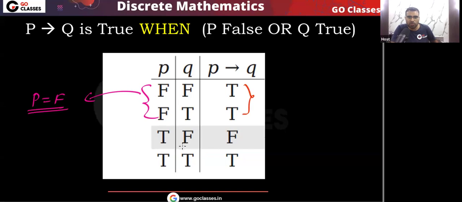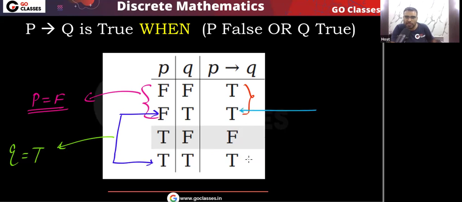Yes or no? And look at the second and fourth rows. Their Q is true. In both situations, you can see that P implies Q is true. Yes or no? Okay.